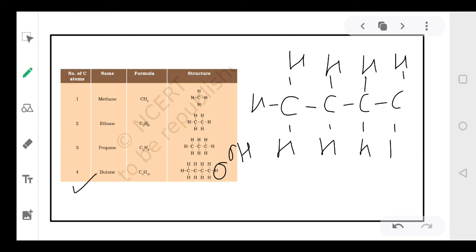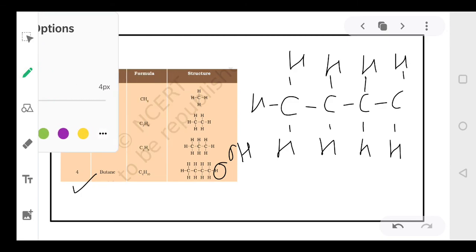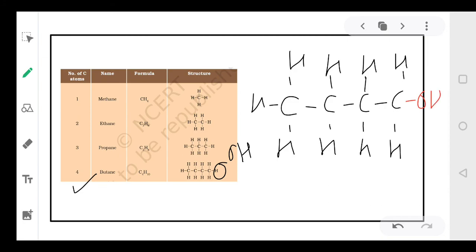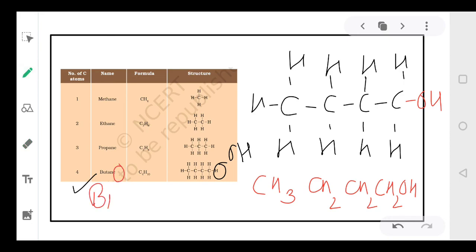Rest everything remains the same. Now the formula is CH3CH2CH2CH2OH. Again, remove the E from butane and put OL. So it should be written as butanol.